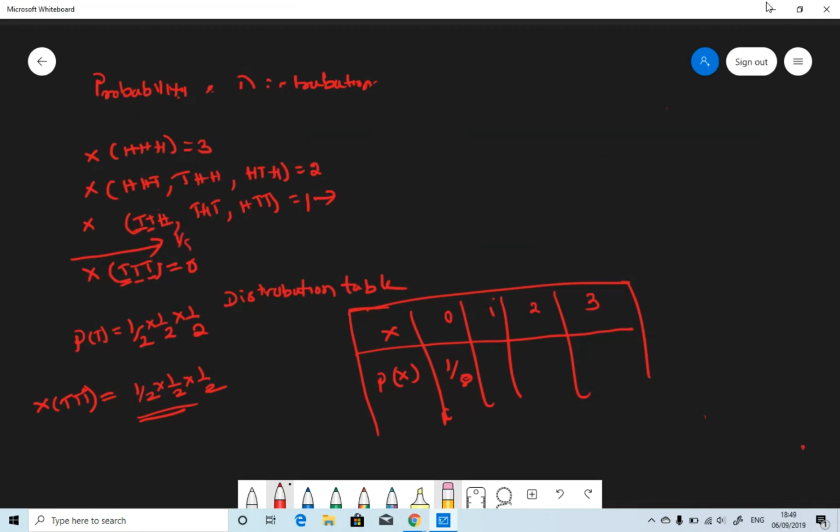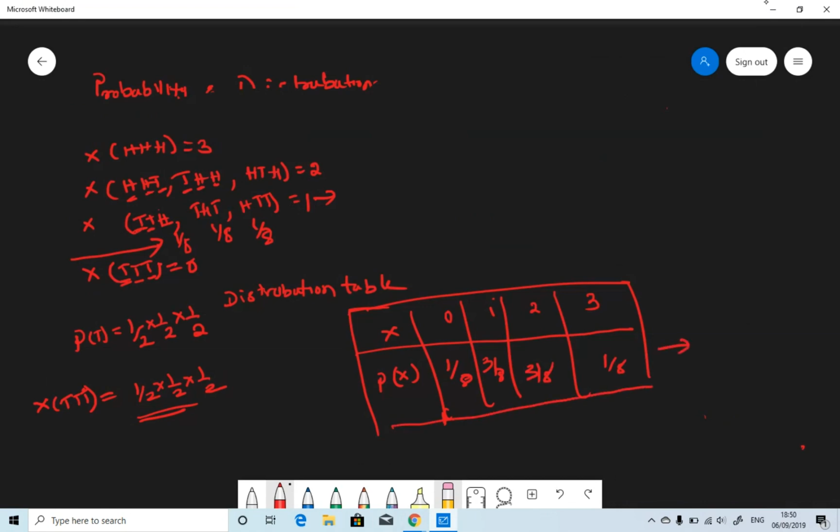Here also 1 by 8, here 1 by 8, here 1 by 8. So the probability of 1 will be 3 by 8. Same thing for the others, 1 by 8 each.